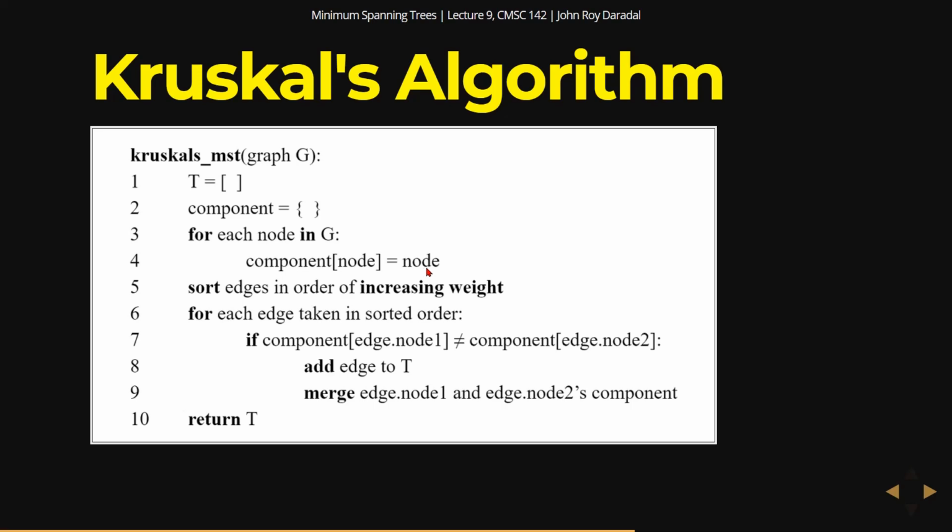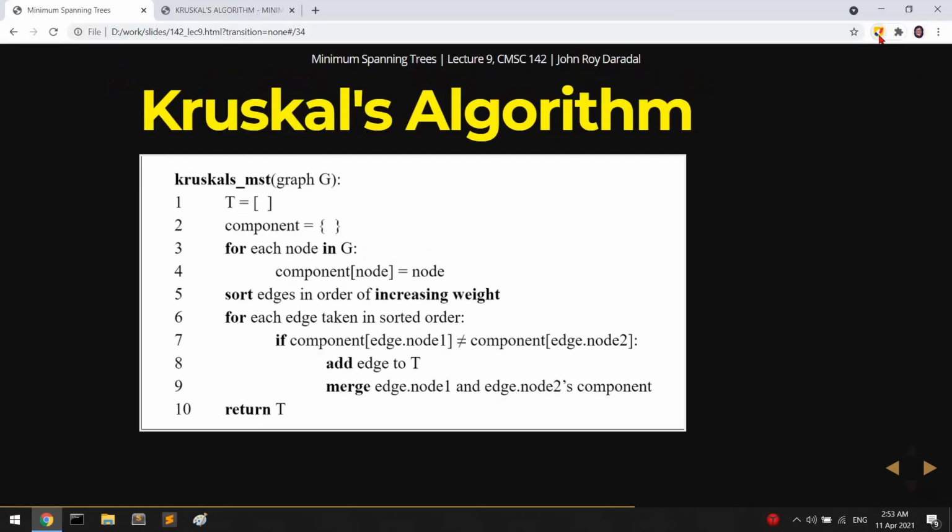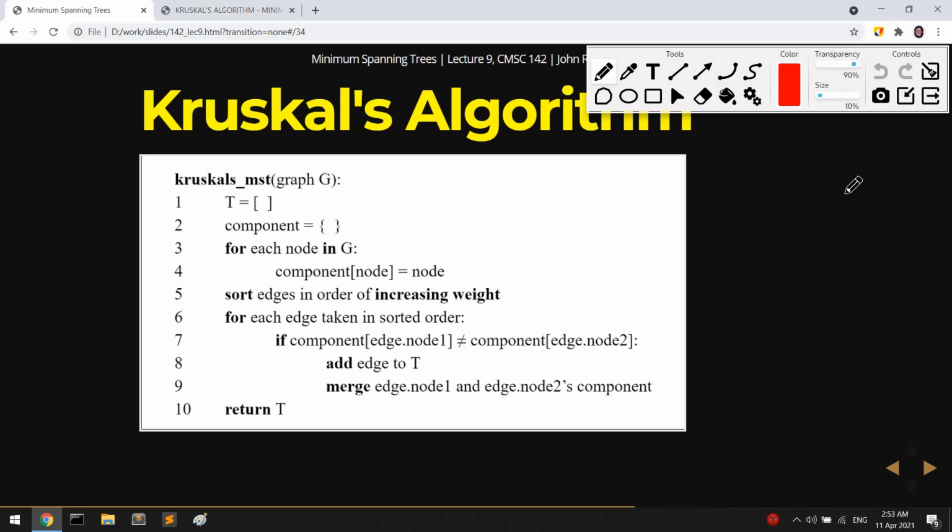So they have different colors, right? And then we'll sort the edges in order of increasing weight, and for each edge taken in sorted order, if node 1 and node 2's components are not equal, then we'll add that edge to the tree, and we'll merge the two nodes' components. Okay, so pretty simple.